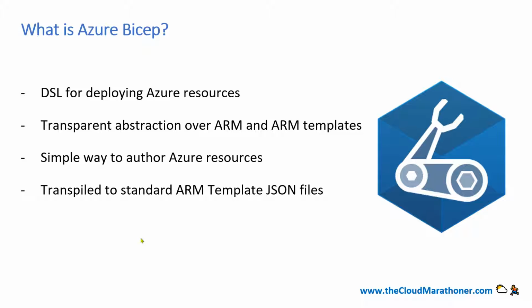In any case, the Azure Bicep language itself is transpiled to standard ARM template JSON files, meaning that whatever you can do in ARM JSON templates, you can also accomplish with the Bicep language, as it is a transparent abstraction on top of ARM templates as well as on top of the Azure Resource Manager layer.